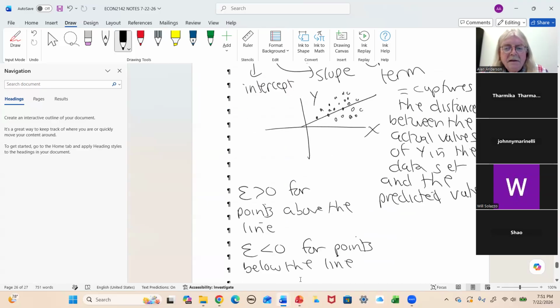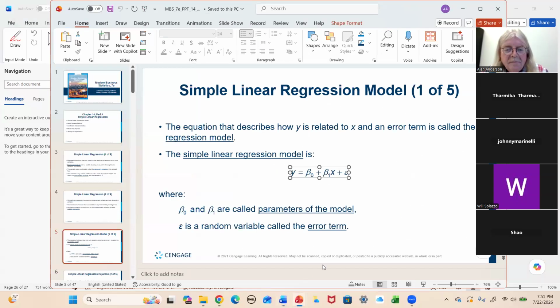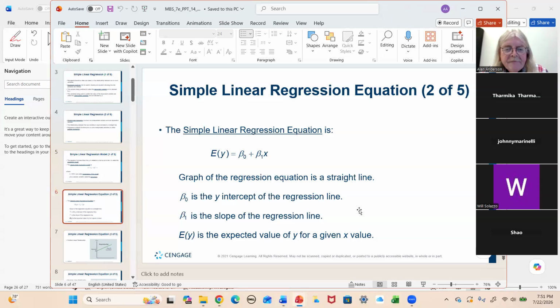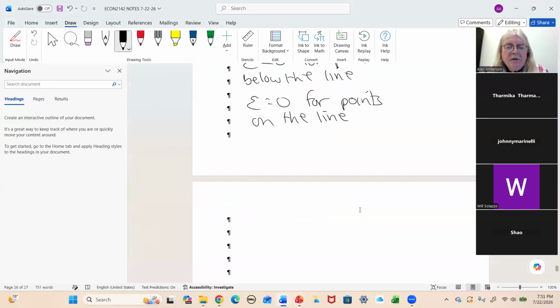Okay. So when you draw a regression line, let's say all your values are positive, so we're in the first quadrant.